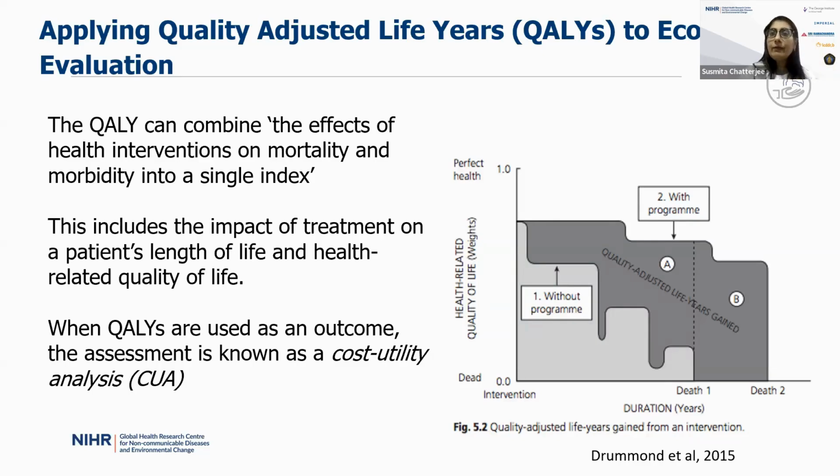Now, again, the same thing. It talks about life, the health related quality of life. Like in DALY, we talked about the disability weight, how bad is the situation for me to live with this disease state. Here, we talk about how I'm rating my quality of life with this condition.